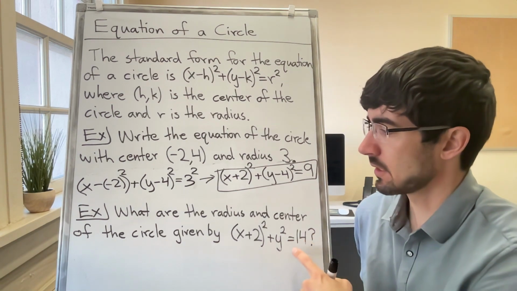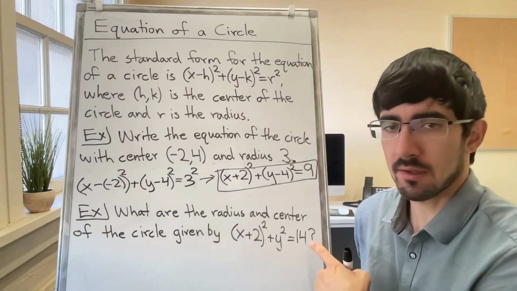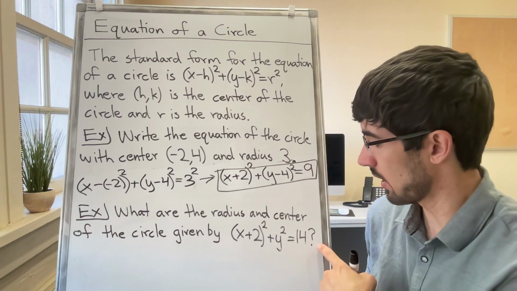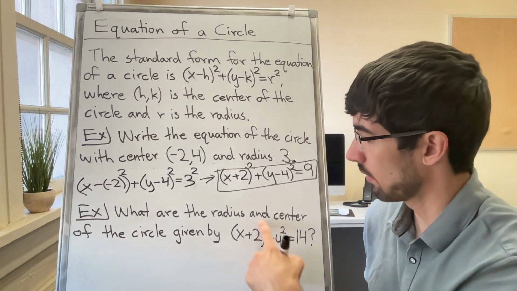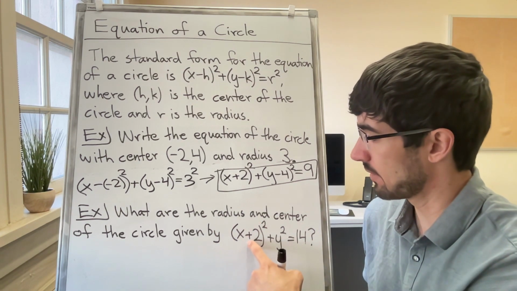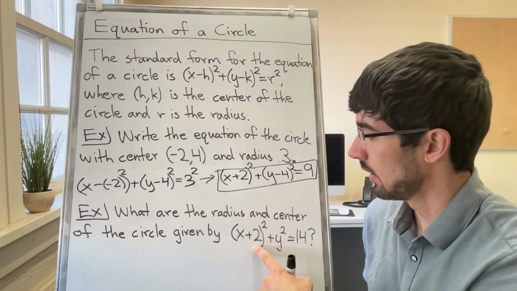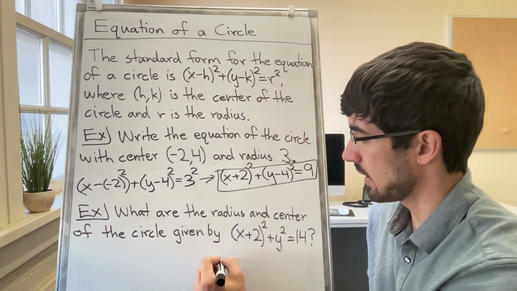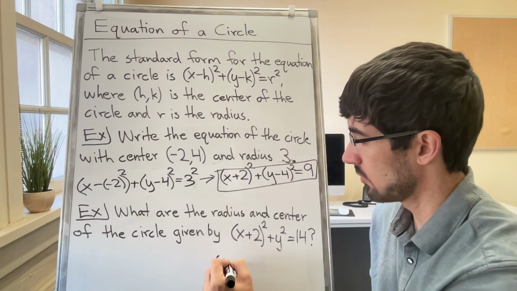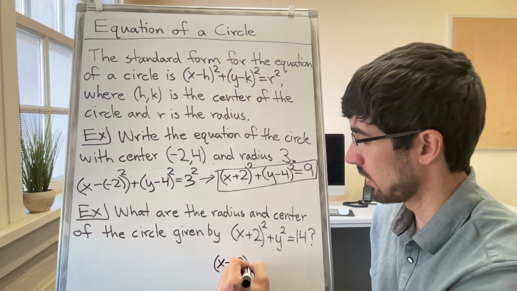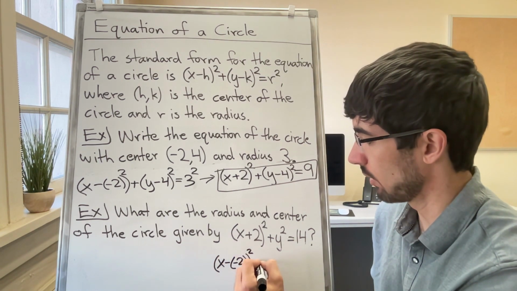Second, what are the radius and center of the circle given by (x + 2)² + y² = 14? Well, we've already talked about this part. If I see a positive sign here, I could rewrite that as x minus -2 if I want to strictly make it fit the formula.